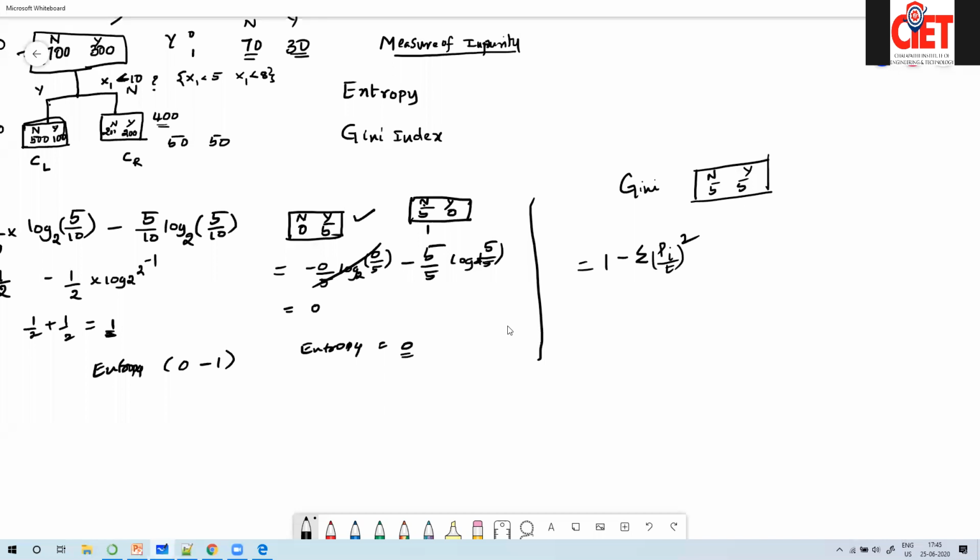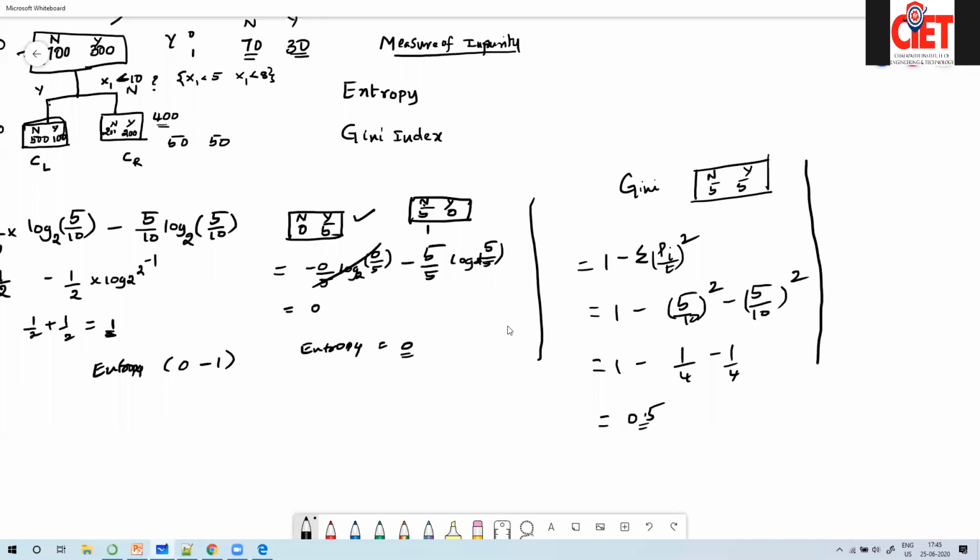Now let's see what is the Gini value for this particular node. 1 minus 5 by 10 whole square minus 5 by 10 whole square. So this is 1 minus 1 by 4 minus 1 by 4, which is 0.5. So for a perfectly impure node, Gini is taking a value of 0.5.